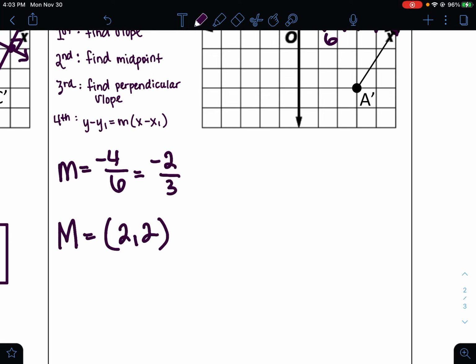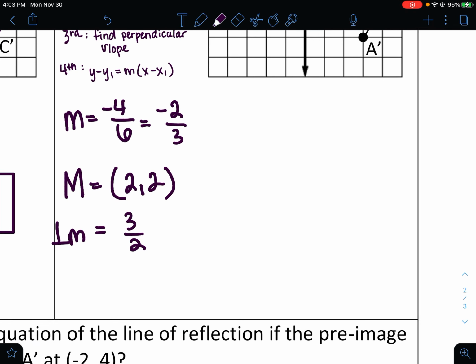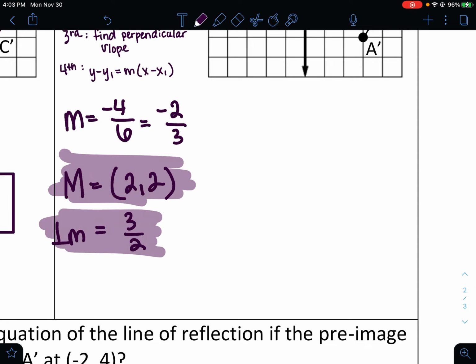All right, and now third, find the perpendicular slope. So the perpendicular slope is just going to be this, but flip it and change the sign. So that's going to be 3 over 2. Now it's positive because it was negative before. So again, these two are the most important from here on. This is going to be your new x1, y1. This is going to be your slope, of course.